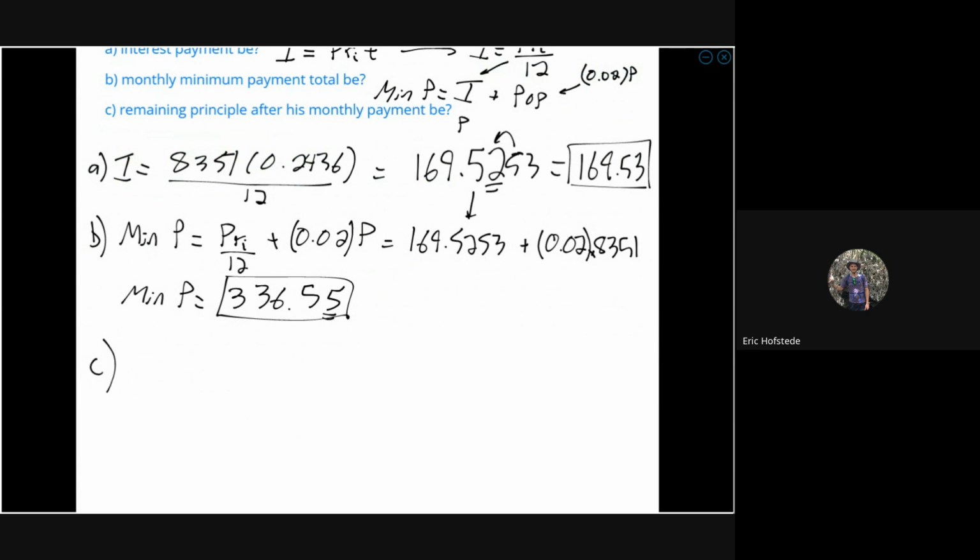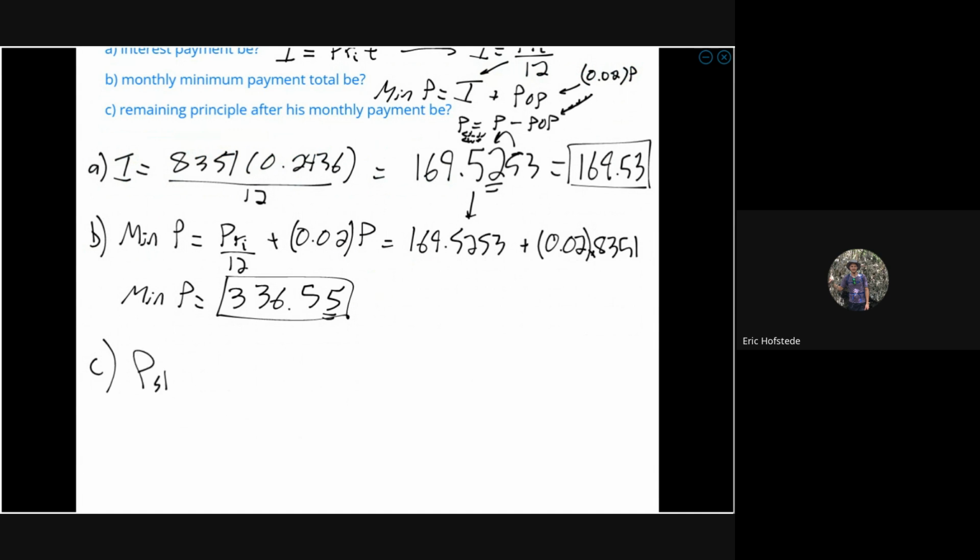The principal still owed is equal to my initial principal minus my payment off principal. And again, that's 2% of it. So this is actually probably the shortest equation of them all.